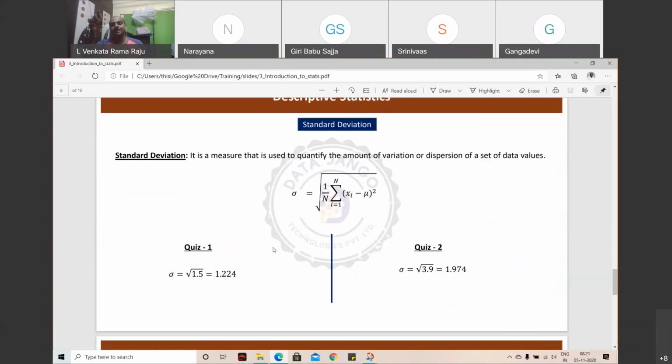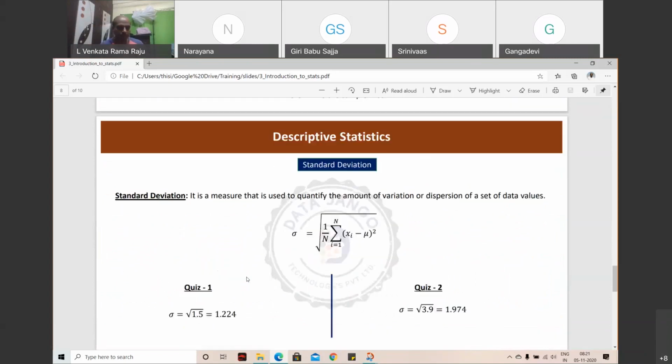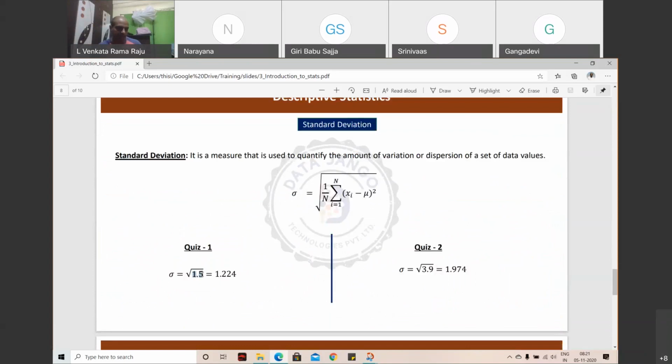We are cancelling that square. When we calculated variance, we had got a square distance measure. This 1.5 is a square distance measure. When you apply square root, the square gets cancelled, and you get a number which is in the units of your data. x square's square root is x, right? So you get your number which is in the units of your data.